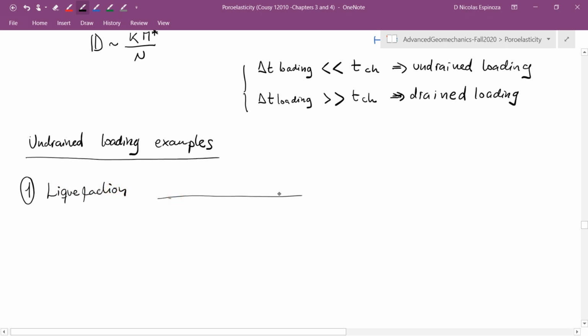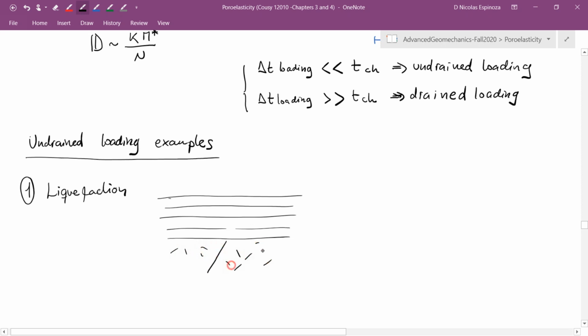Liquefaction occurs in the subsurface whenever an earthquake hits a soil and the waves produce a movement of the grains so that the grains reaccommodate and go from a loose packing into something denser, so that the pore space that was available before and was filled with water, now all of this is filled with fluid. In this case, let's assume water.